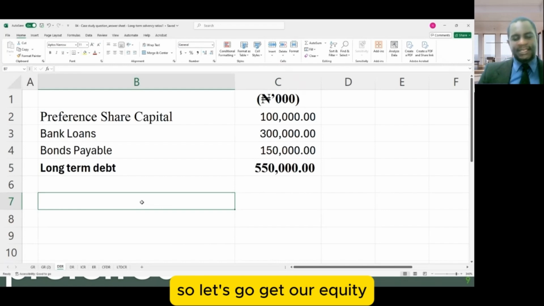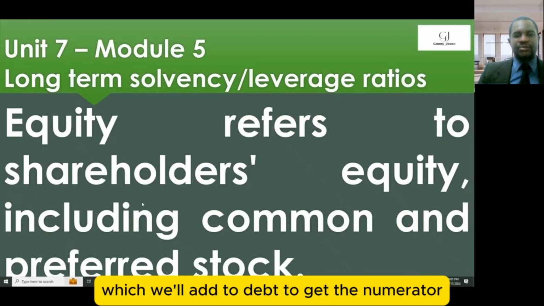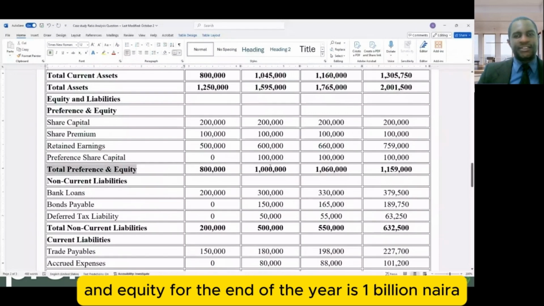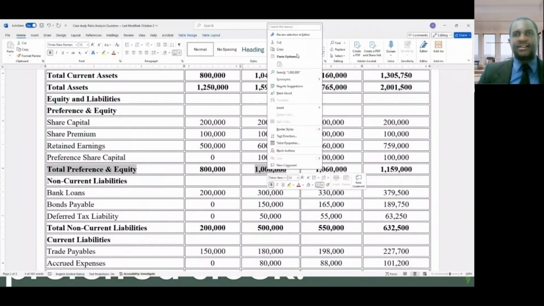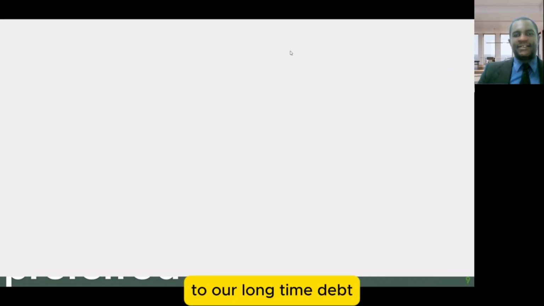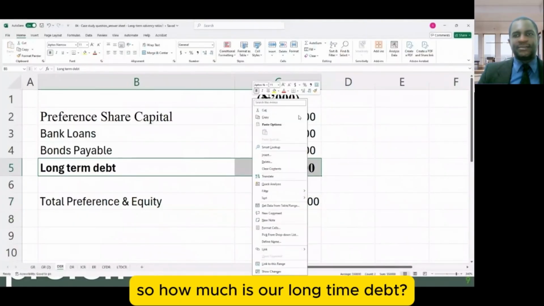Let's go get our equity, which we will add to the debt to get the numerator. Our total preference and equity at the end of the year is 1 billion naira. Just get that and add it to our long-term debt. How much is our long-term debt?